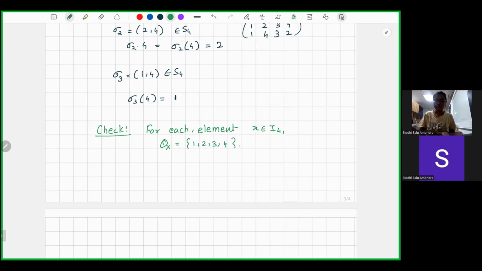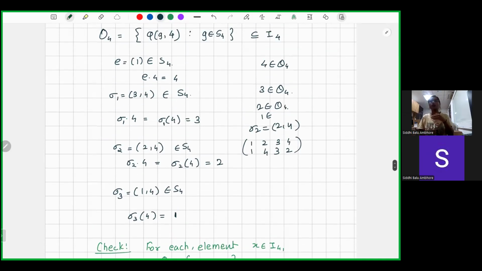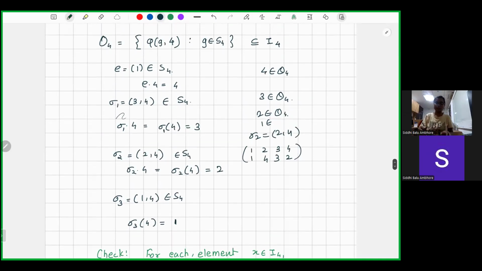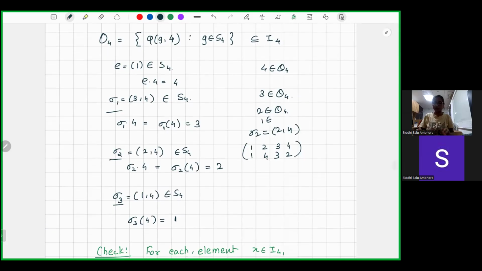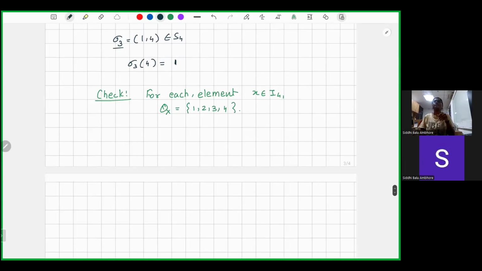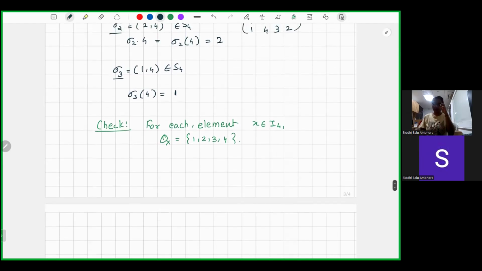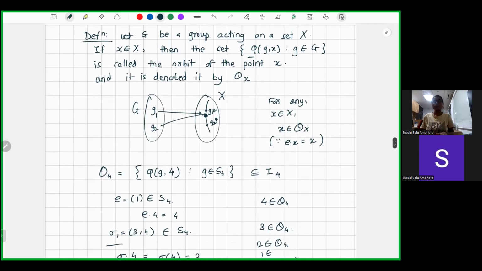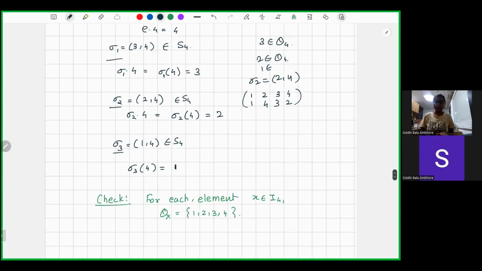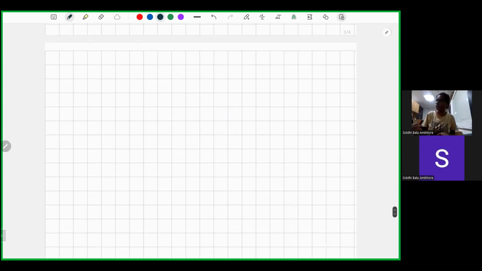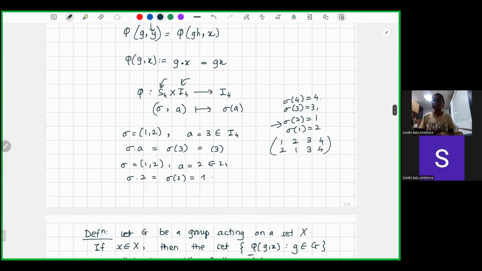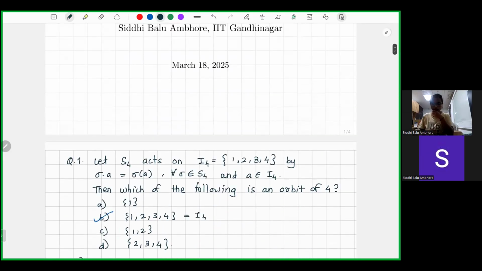You can try to find these sigma i's and see that you can send any element from I4 to any other element of I4 using some element from group G. I hope this question is okay and you do not have any doubt.